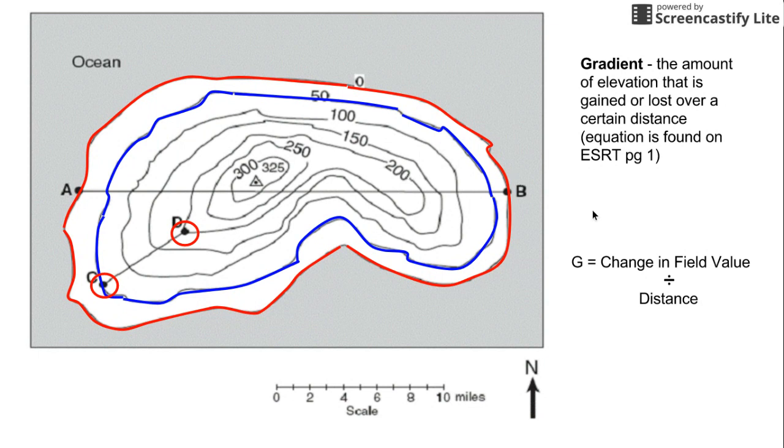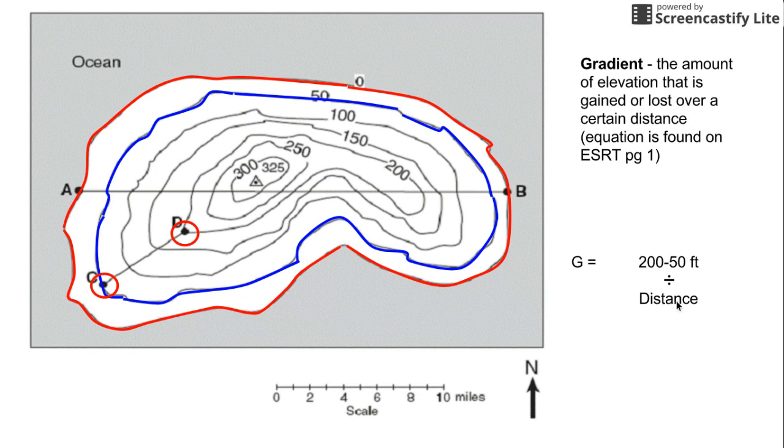So the change in field value is 200 minus 50 feet. It's very important that you put the units down, so when we solve our equation, the units will be correct. You always want to put the highest number first; you want an absolute difference in elevation between points C and D.